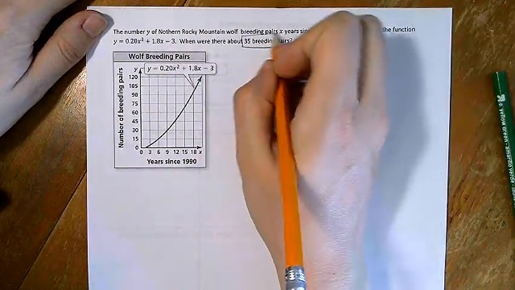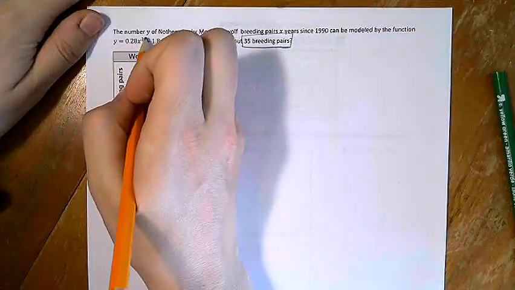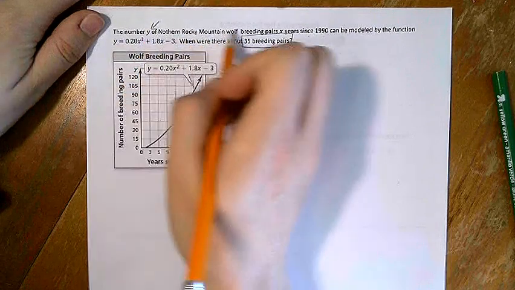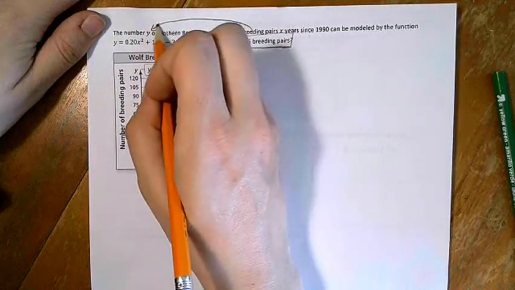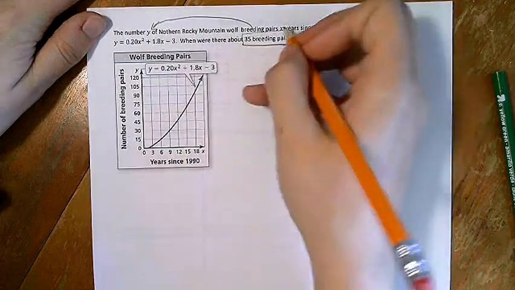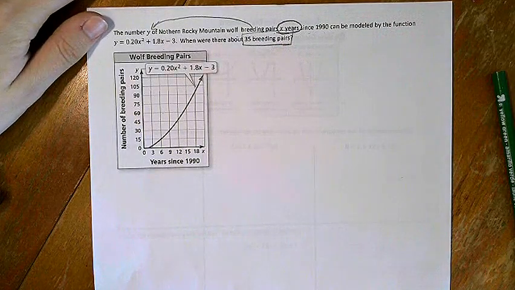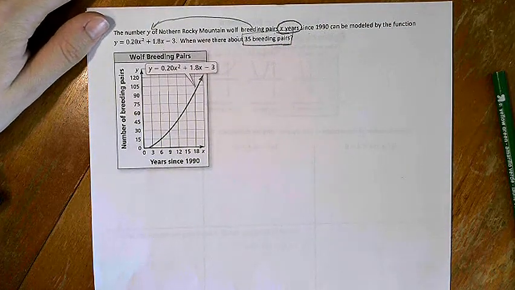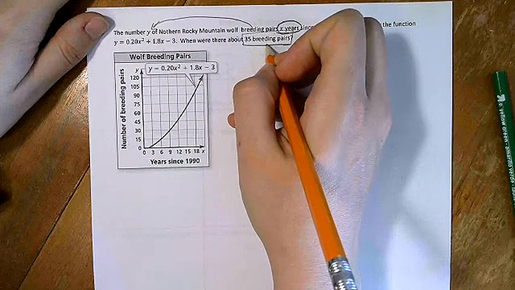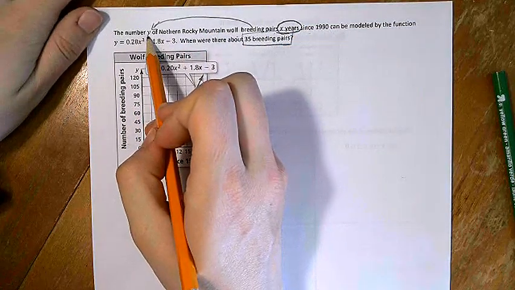So we know that y is the number of breeding pairs, right? The number y of wolf breeding pairs. And then x is our years, x is our years since 1990. So I want to figure out when I had 35 for my y.